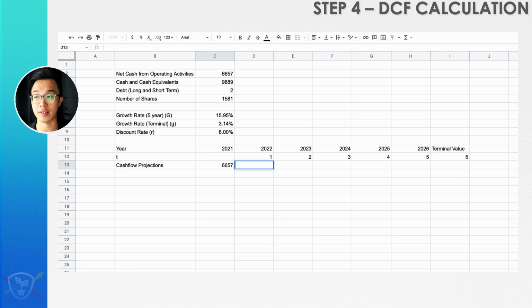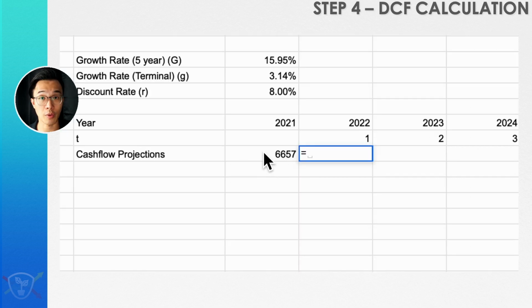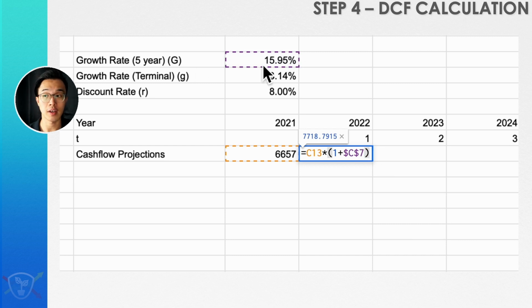So basically this is equals the cash flow from the previous period multiplied by 1 plus the 5-year growth rate, which is this cell right here, C7. And we're going to add in the dollar signs so that as we copy and paste this formula across the other cells, it will basically be referencing this particular cell right here, C7.